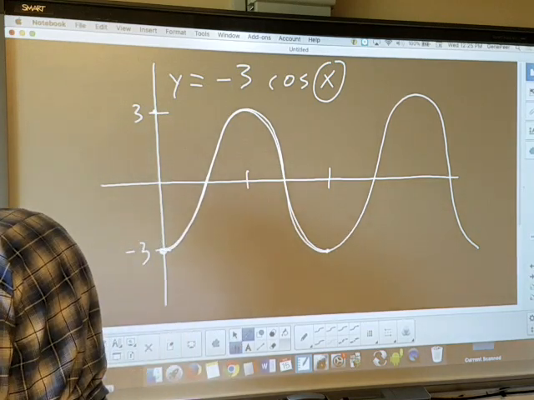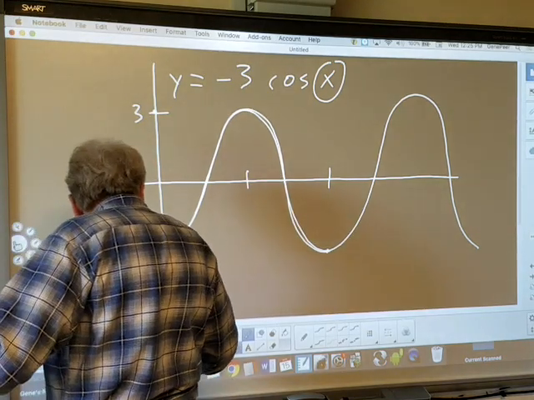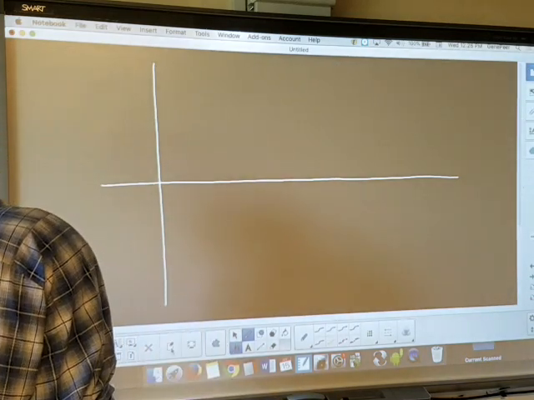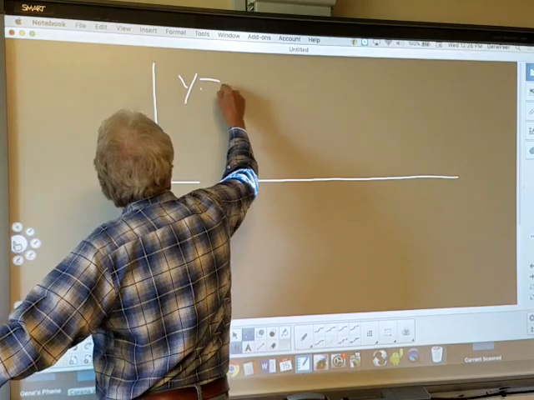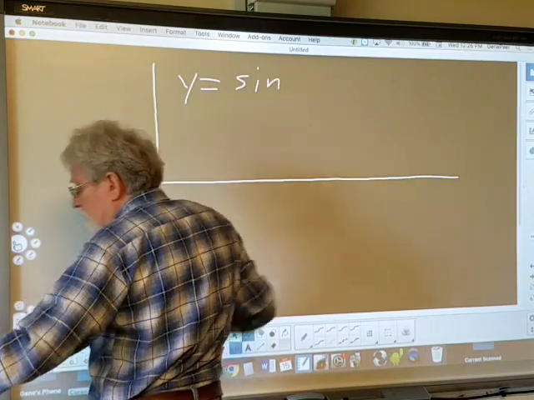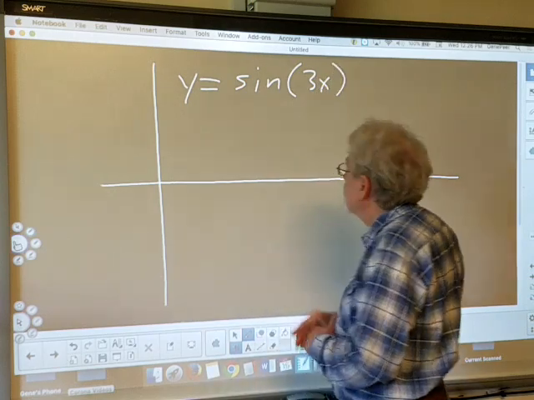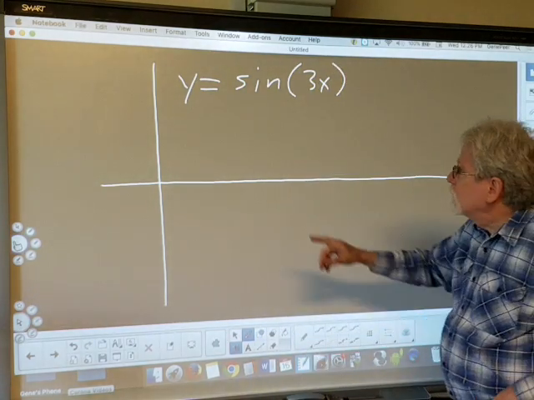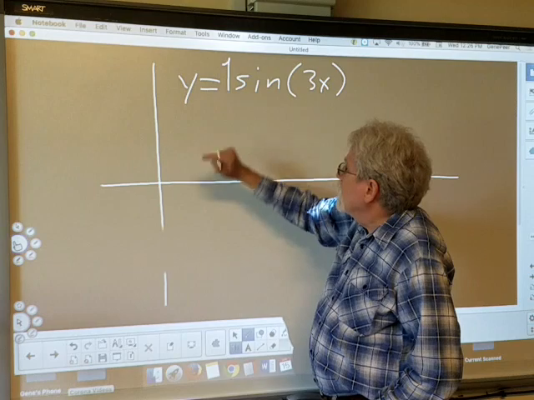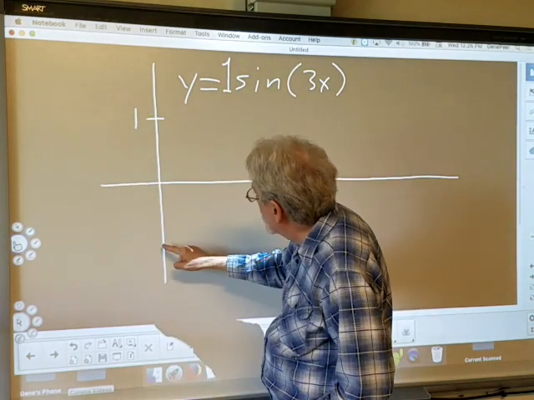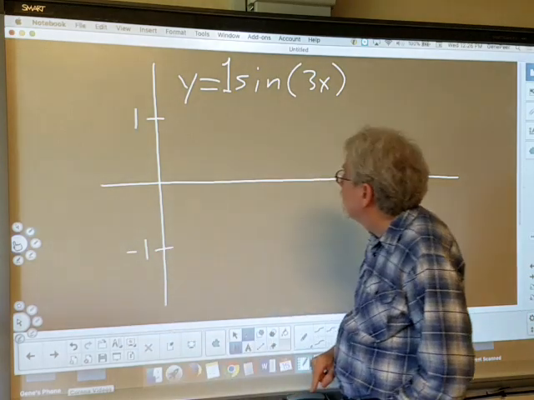Number 48. I hope I'm not making any silly mistakes because I am not taking time to look at the answers in the back of the book. This one says y equals sine of 3x. Oh, that's a little bit different. This one has an amplitude of 1, so it's not going to go any higher than positive 1 or any lower than negative 1.